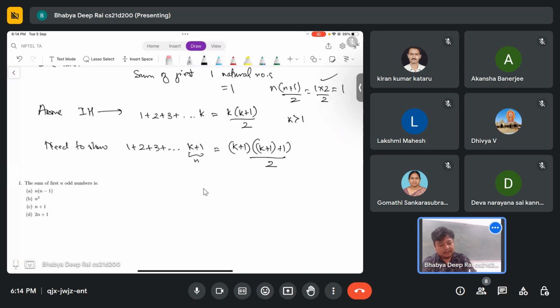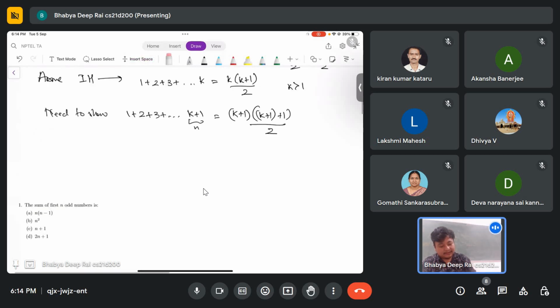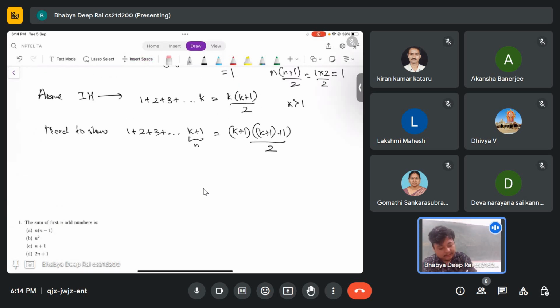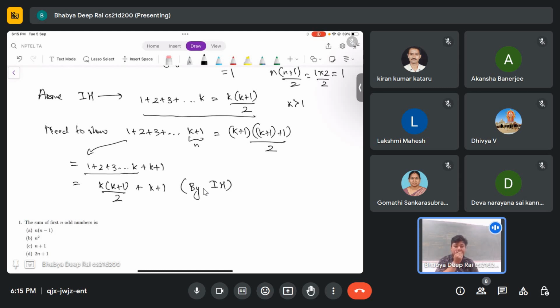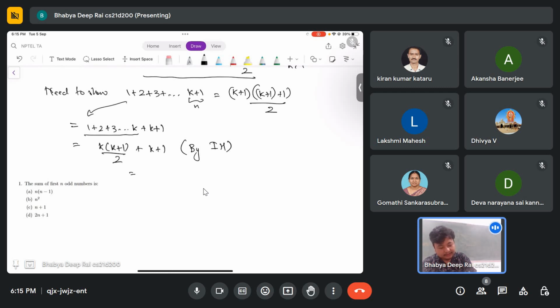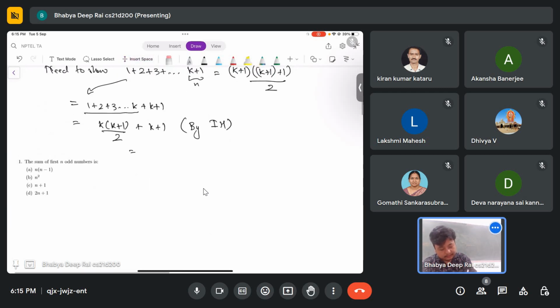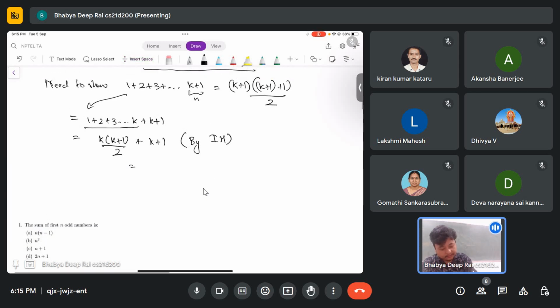Getting it? So now how do you do this? What is 1 plus 2 plus 3 until k plus 1 equal to? But 1 plus 2 plus 3 until k is nothing but k times k plus 1 divided by 2. Why is this? This is because of the inductive hypothesis, because in the inductive hypothesis we assumed that the sum of the first k terms is equal to k times k plus 1 divided by 2. Now all you do is simplify it.